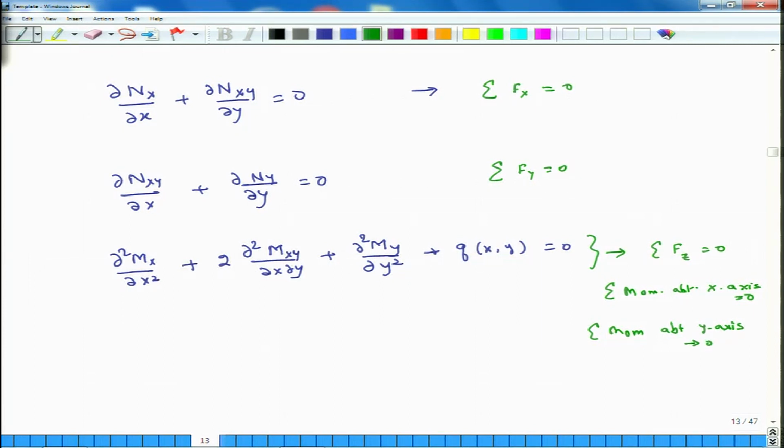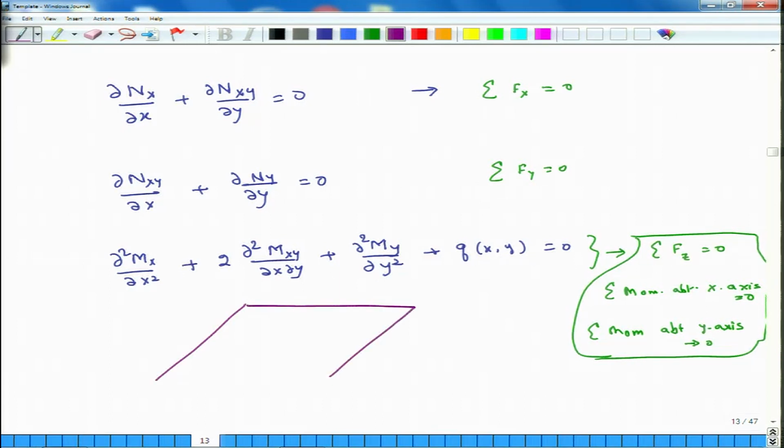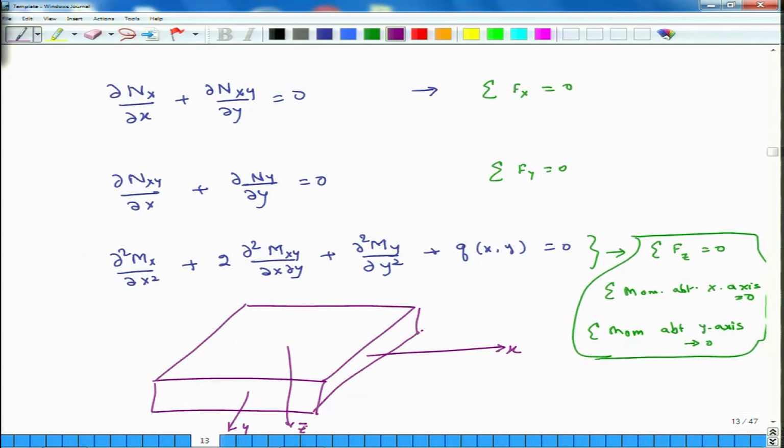So, this third differential equation is a combination of three other first order differential equations, which we combined to come up with it. Now, this is Fx equal to 0, Fy equal to 0. If I look at my plate, this is my x axis, this is the y axis, and this is the z axis.